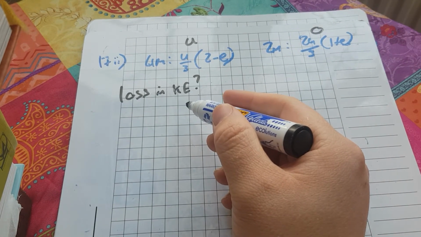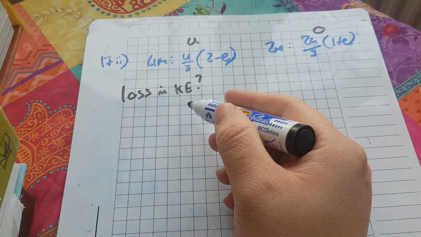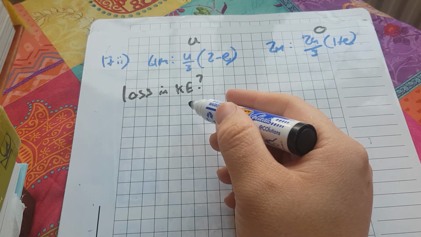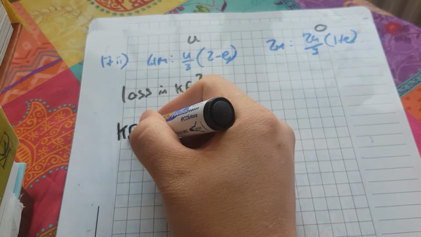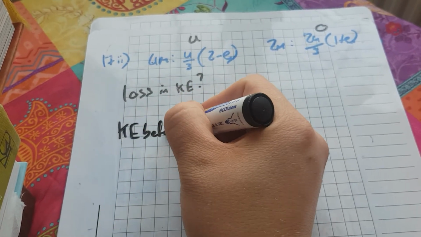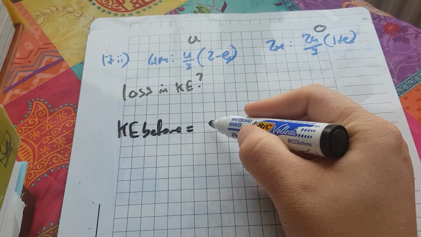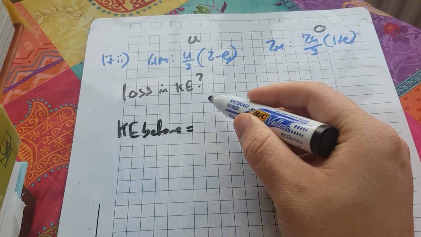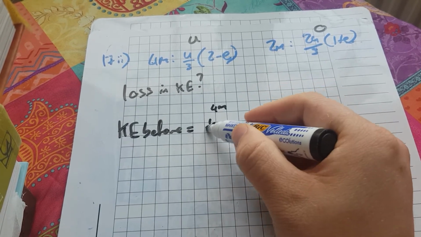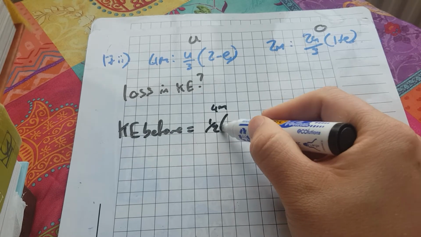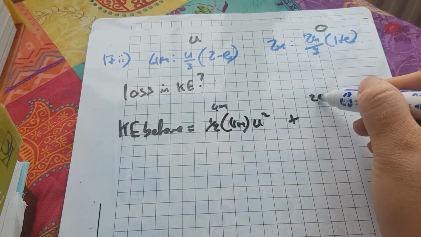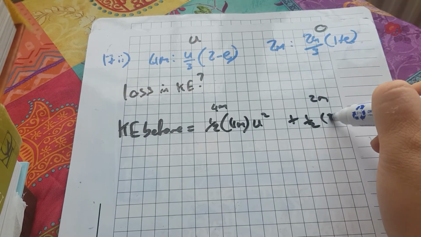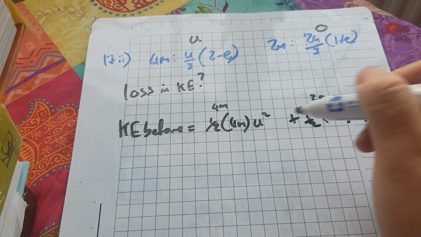So, loss in kinetic energy. We're going to look for the kinetic energy before. That is, for the 4m, a half by 4m by u squared, plus the 2m had 0, it was at rest.